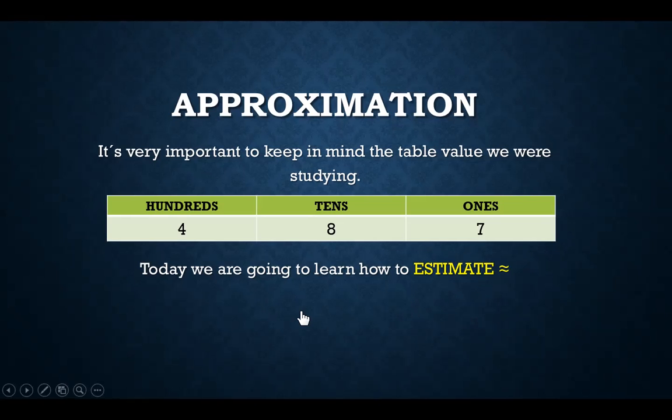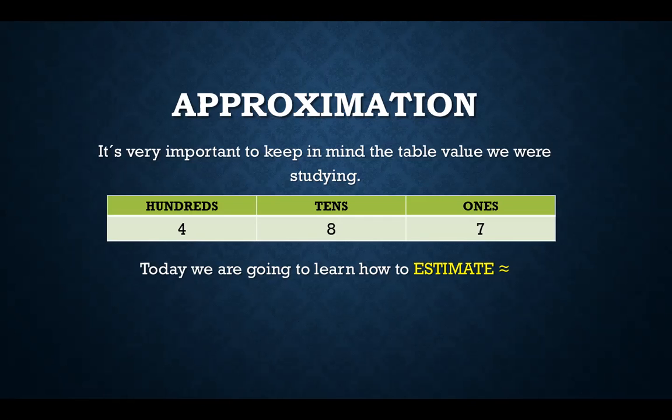When we work on approximations, we check the amount and see, for example, if 487 is closer to 400 or to 500.